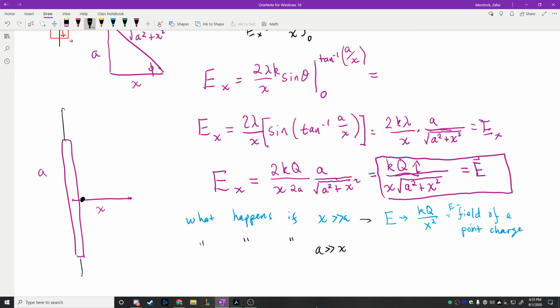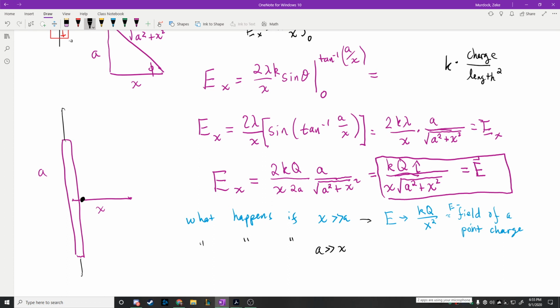No, it's not kq over a. I'm saying it's wrong. It has to have the form of k times charge over length squared. Does that make sense? It has to have this form.